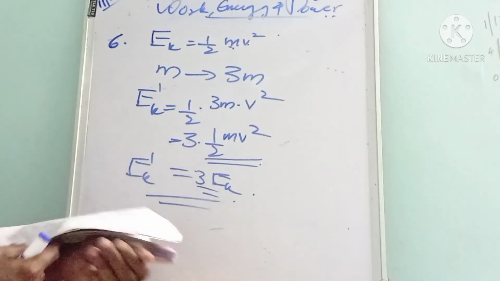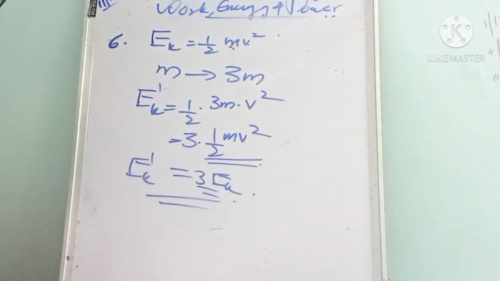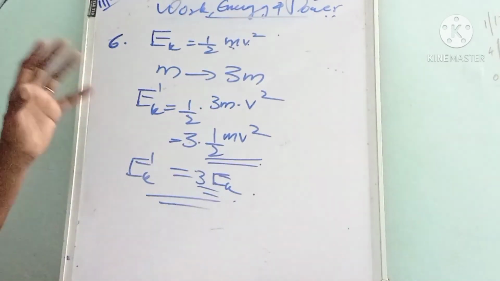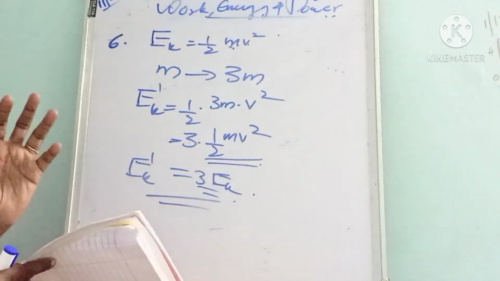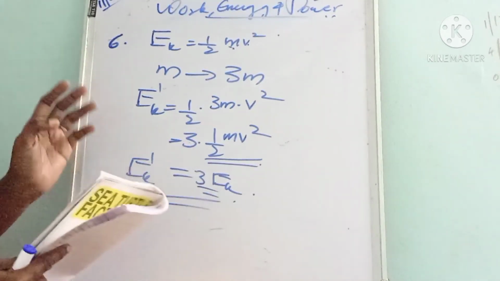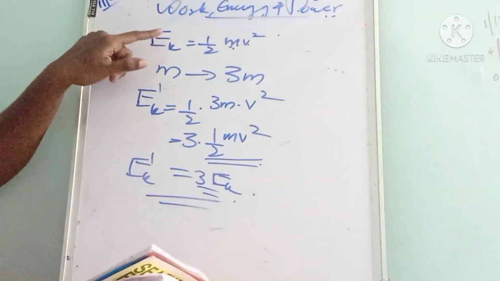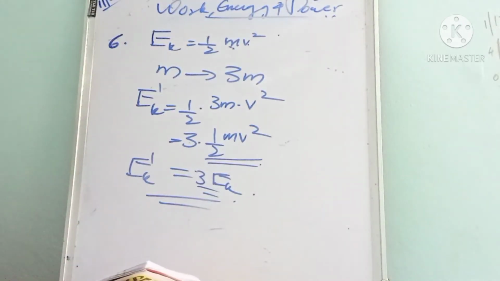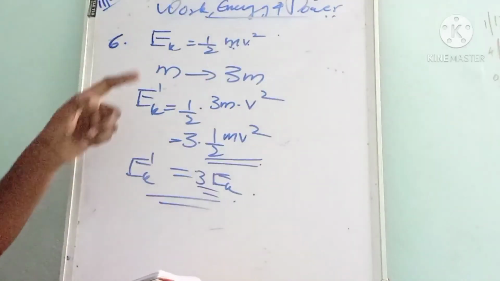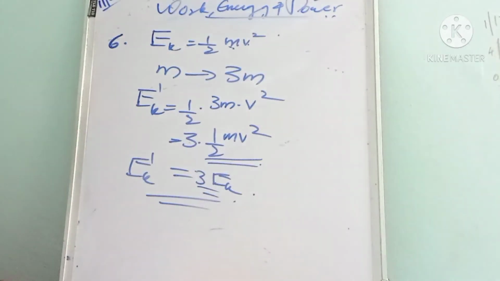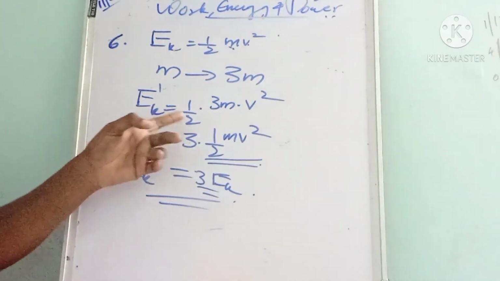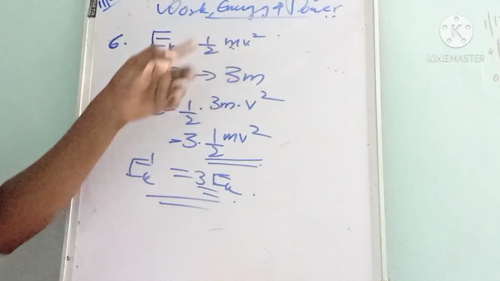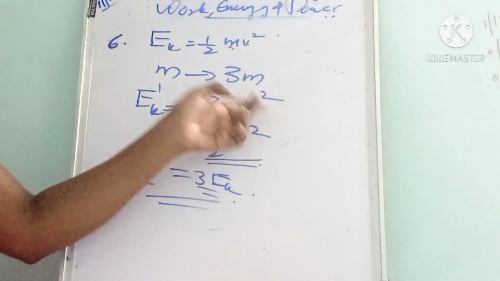Here in our question, the mass of the body is tripled, keeping the velocity constant, and we have to find what happens to the kinetic energy. You know the equation for kinetic energy, Ek is equal to half mv square. Next we have tripled the mass, that is m becomes 3m. Now the new kinetic energy is represented as Ek dash, equal to half into 3m into v square.